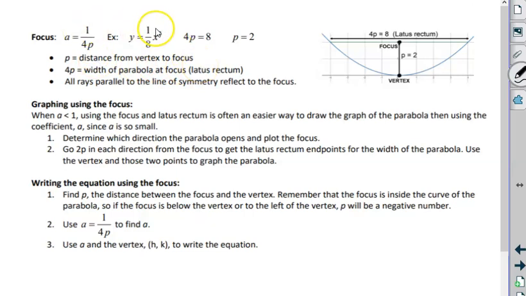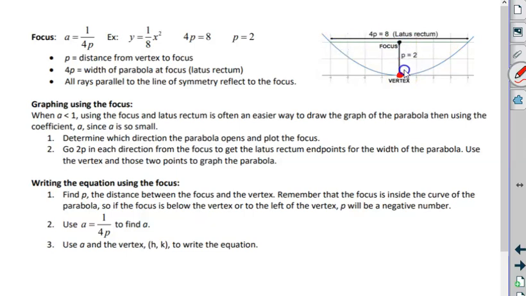So if, for example, a was 1/8, I could say 1/8 is 1/(4p), so 4p is 8, and that p is 2. That means the focus is 2 units from the vertex. Now, if I were graphing this, that doesn't give me another point on the parabola, but I could put the vertex here and recognize from the focus, if I draw a line perpendicular to the vertex-focus line, that line through the focus has to be 4 times the distance of p.